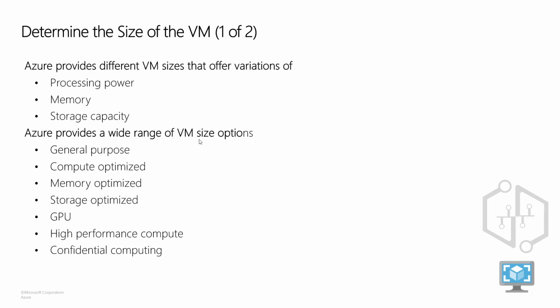If you look at your VM size option, the first thing I have noticed is I will always prefer to begin with general purpose, where I don't have too much clarity of the underlying environment, what type of resource to create, whether the workload is memory intensive or storage intensive.